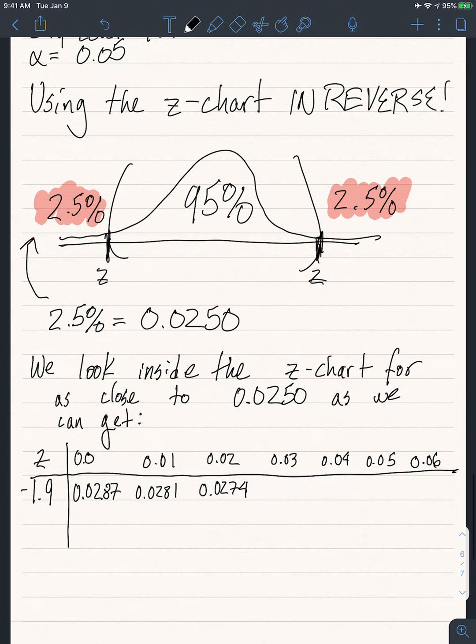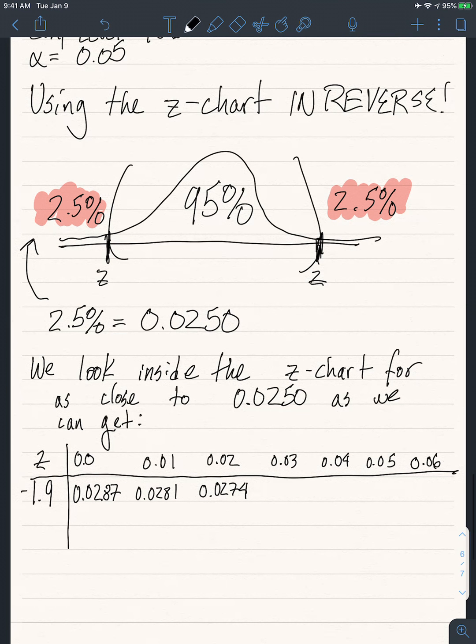Under 0.03, we have 0.0268. 0.04 is 0.0262. 0.05 is a value of, I'm just copying the z-chart here since there's no easy way to map it into the iPad.